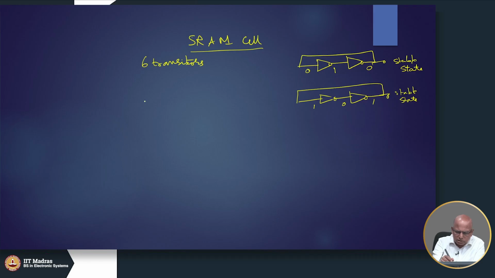So, the inverter is constructed using CMOS technology. So, this is one inverter, and the other inverter is like this. The output of this is connected as input to this, and the output of this is connected as input to this.